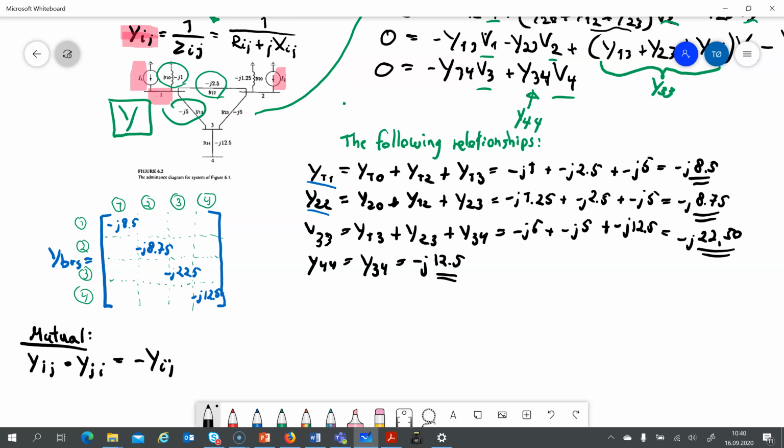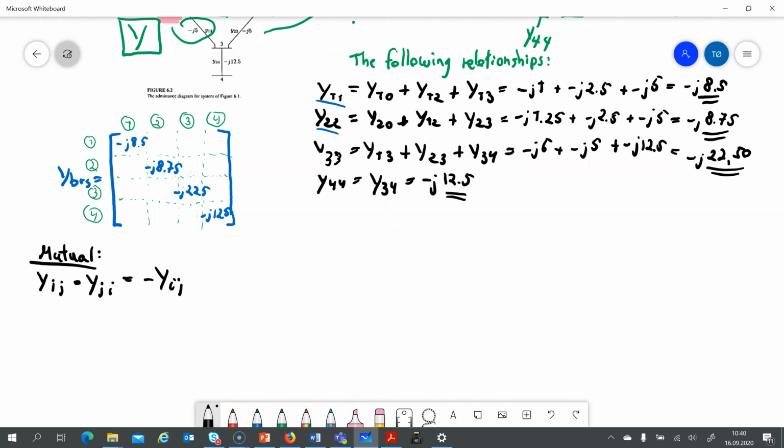Let's start with y12, which we can write as y21 equal to minus y12.